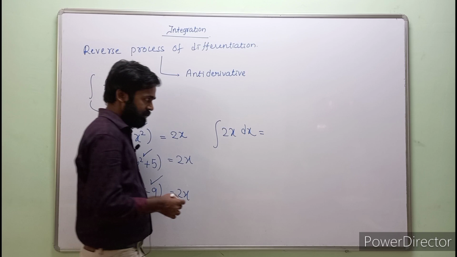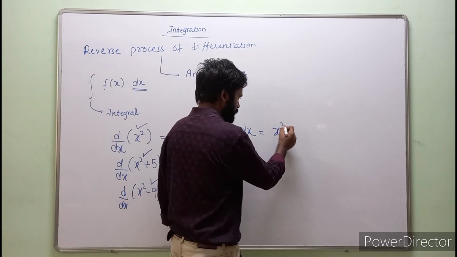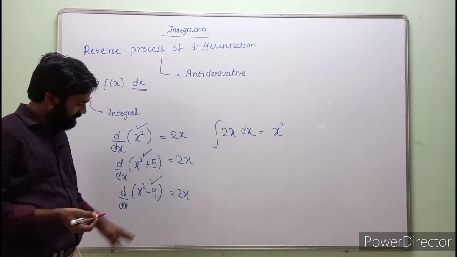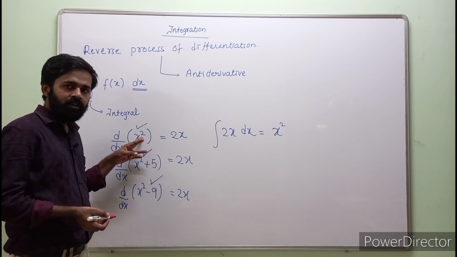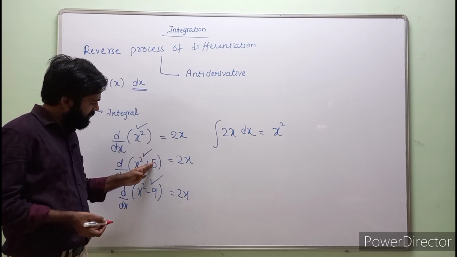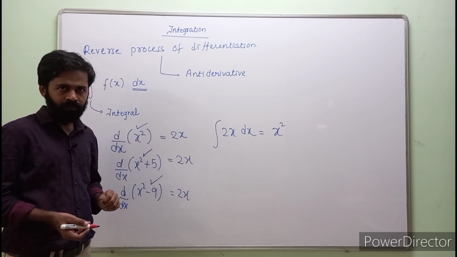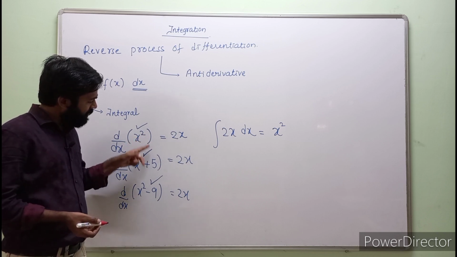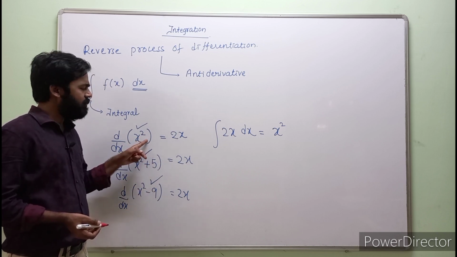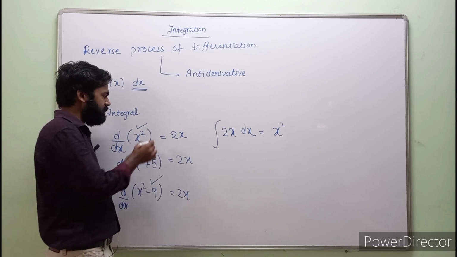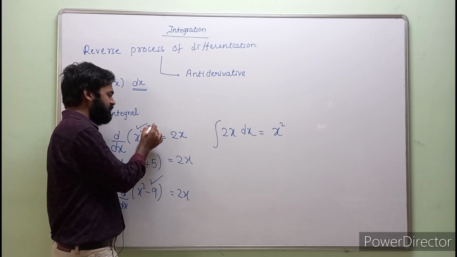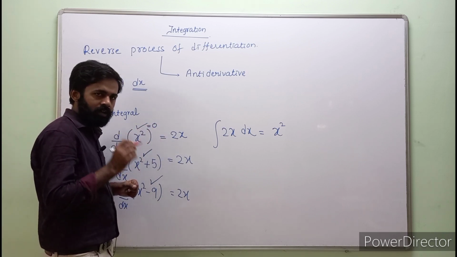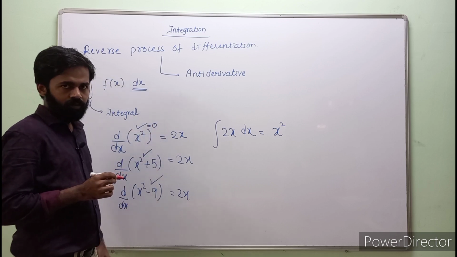I'll write x square. You may get some constant here, right? Because if you differentiate this constant, you are getting 0. So there may be some constant or there may not be some constant. Here there is no constant, means the constant value here is 0.